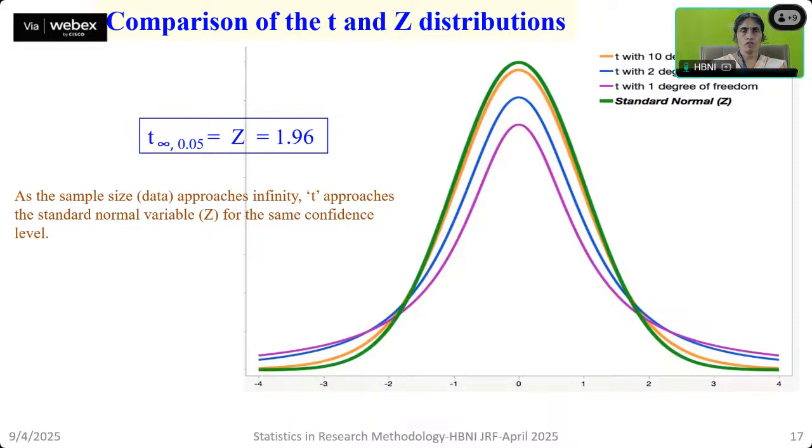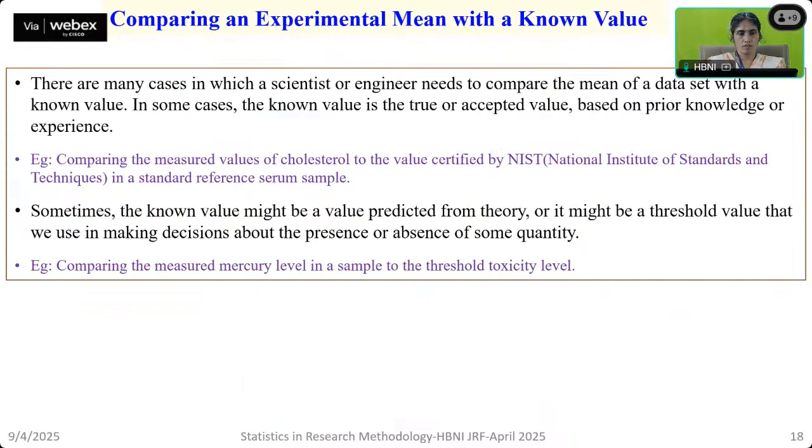In the case of Z, it is a normal distribution curve, so you have infinite degrees of freedom, and degrees of freedom are not mentioned. The area under the probability curve is given by the value of Z, as we have seen in the previous day's discussion. As the sample size increases and approaches infinity, as you have just seen, the t probability curve also mimics the Z probability curve.